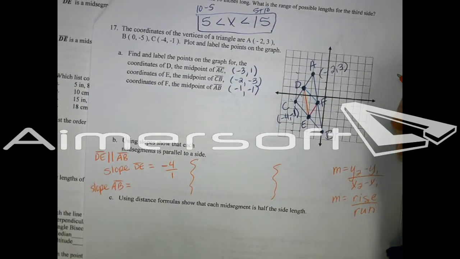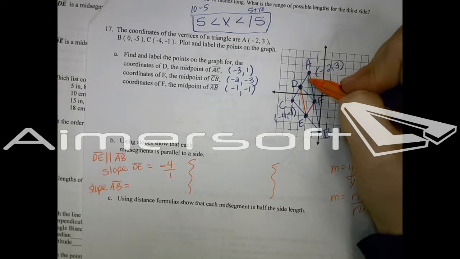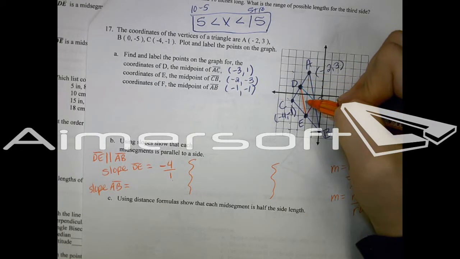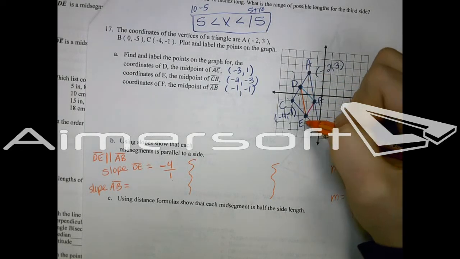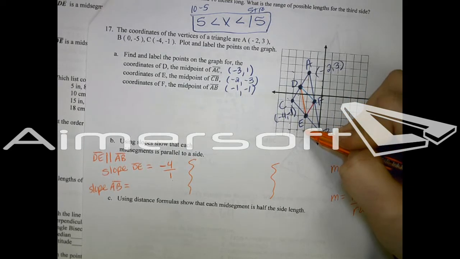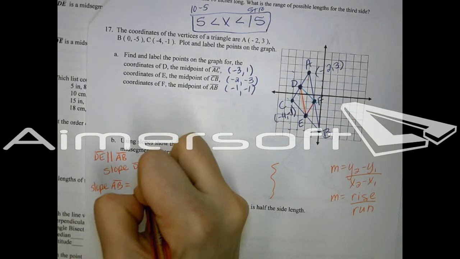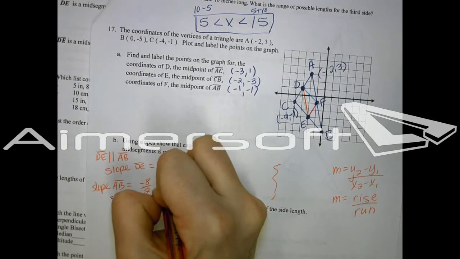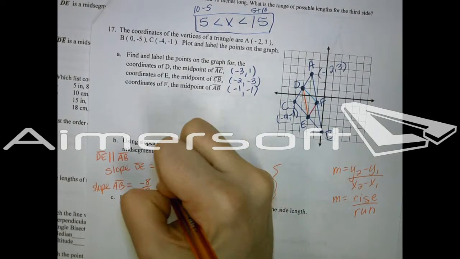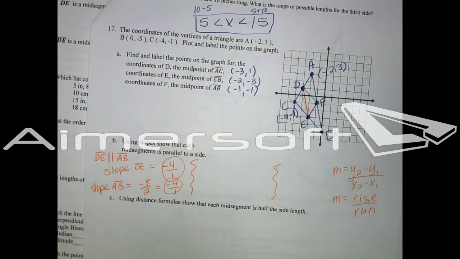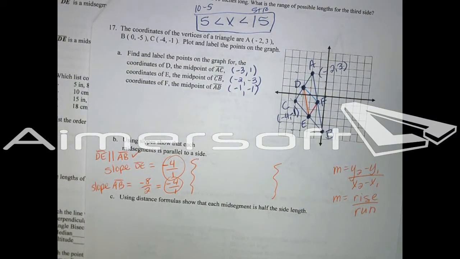So starting at A, I go down 1, 2, 3, 4, 5, 6, 7, 8 over 2. Down 8 over 2, which reduces to negative 4 over 1. Since those match, they are parallel. So I have checked that DE is parallel to AB.